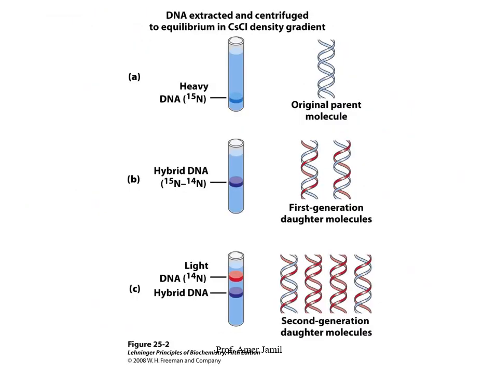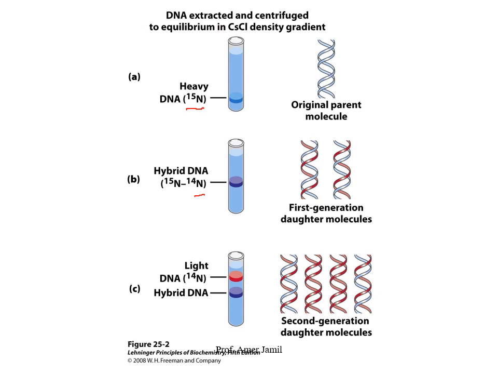This DNA replication is semi-conservative, and this was shown in an earlier experiment by Meselson and Stahl. They used heavy nitrogen, which is N15, as opposed to the normal nitrogen, which is N14.